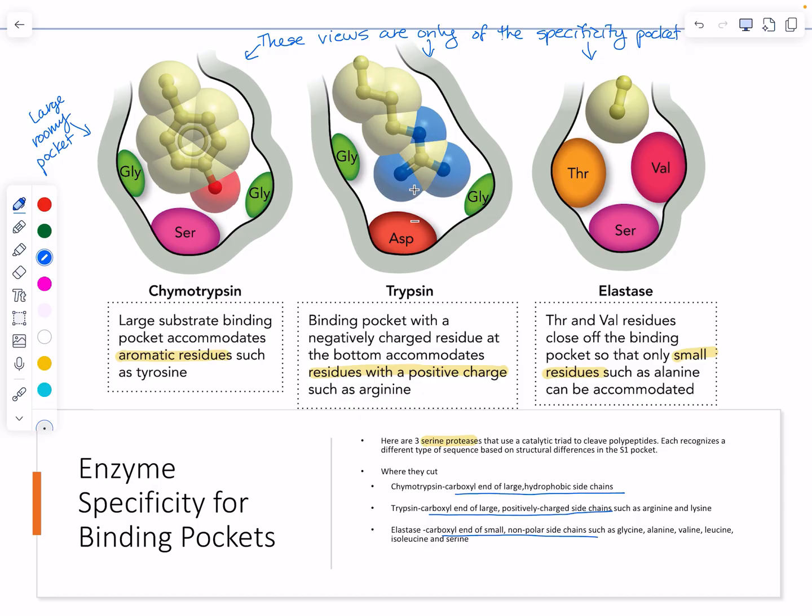And then the other thing that we have is at the base of the pocket, okay, we have a serine residue, okay? And that serine residue helps to bind aromatic side chains, okay, like the one that's shown in this image.